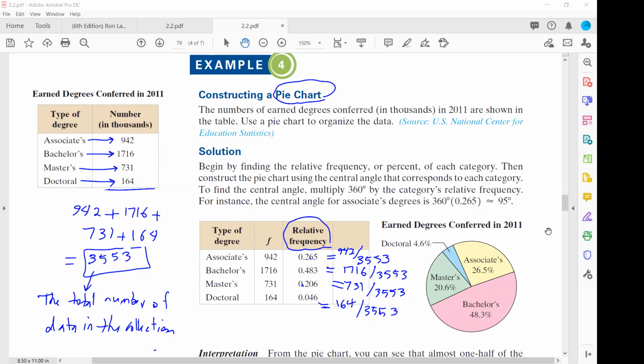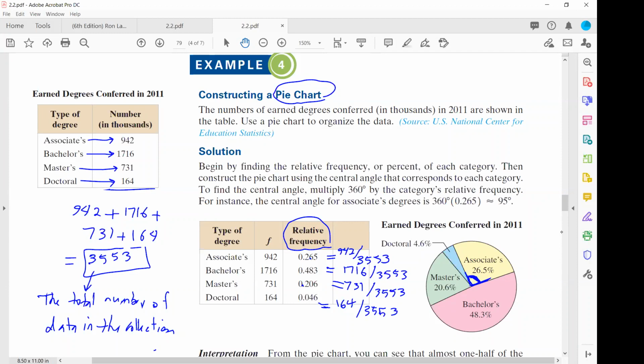Quick question for you. Go ahead. What does it mean by the central angle? Central angle is, so if you divide this circle using some sections, some sectors, these angles are called central angles. So for bachelors, you almost have 180 degrees.